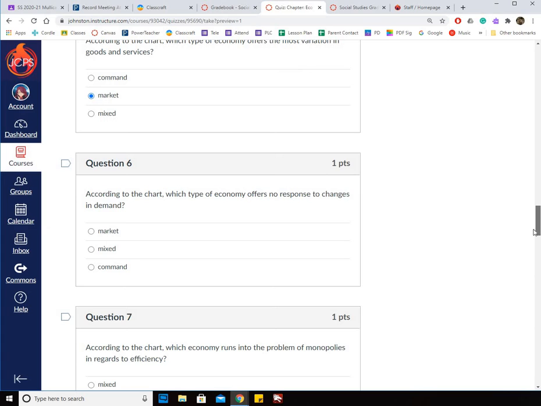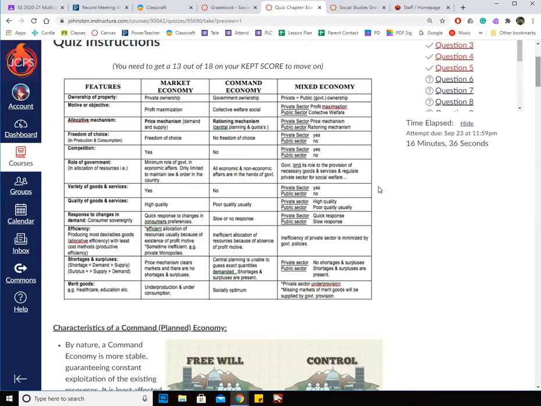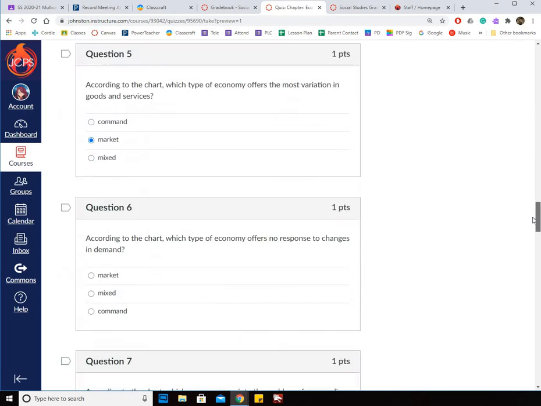According to the chart, which type of economy offers no response to changes in demand? Let me get a guess in the chat. I believe in you. I might have to get it before you guys. Alright, so wait, let me get back down here.